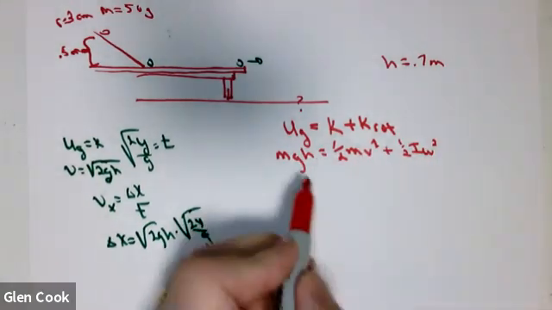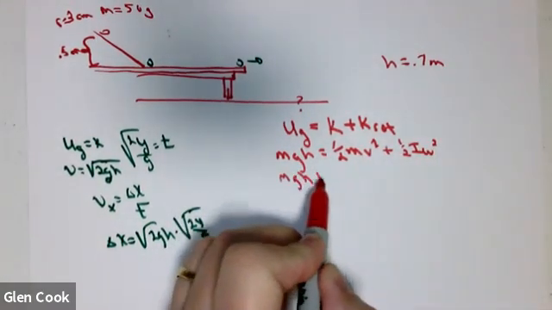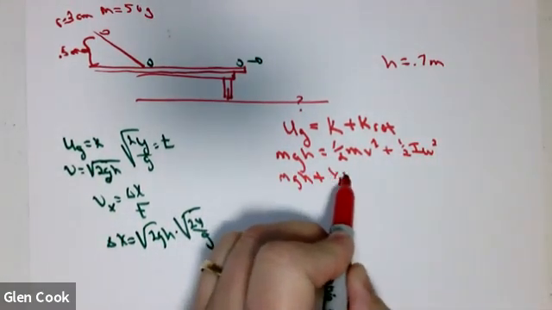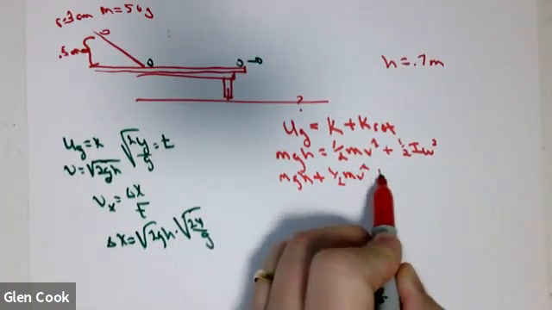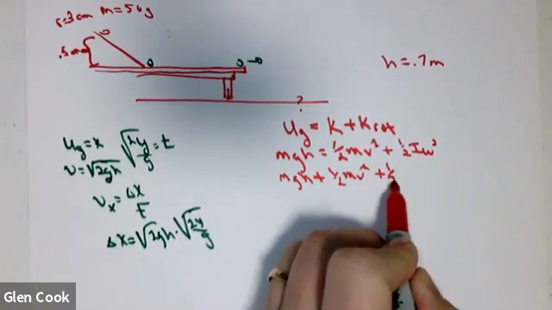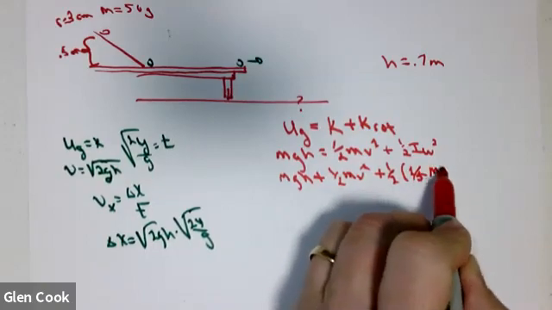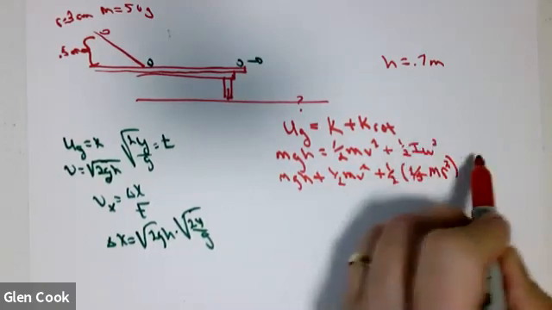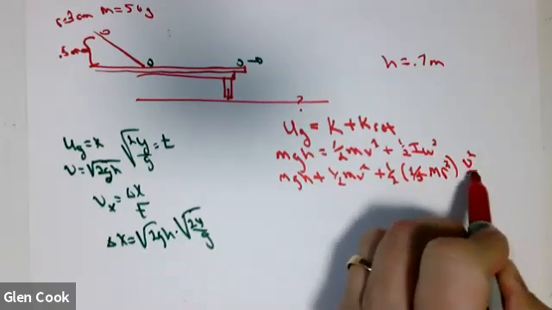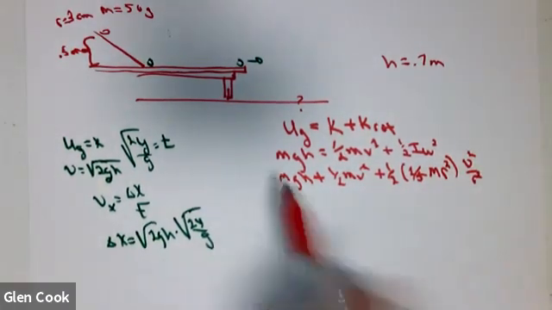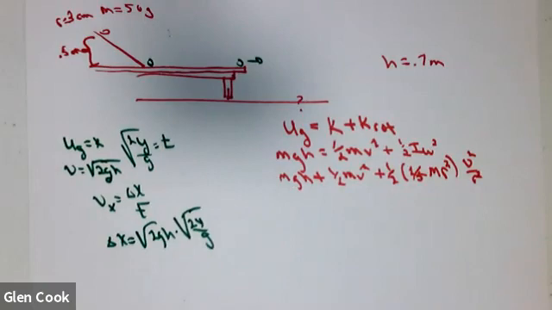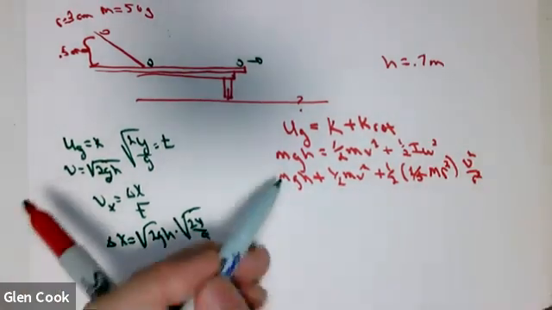And so mgh equals half mv squared plus half of 2/5 mr squared, and omega squared is v squared over r squared. All of a sudden the mass of the ball doesn't matter, it's in every term.